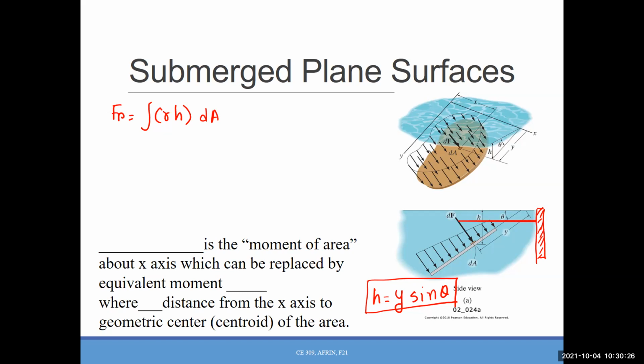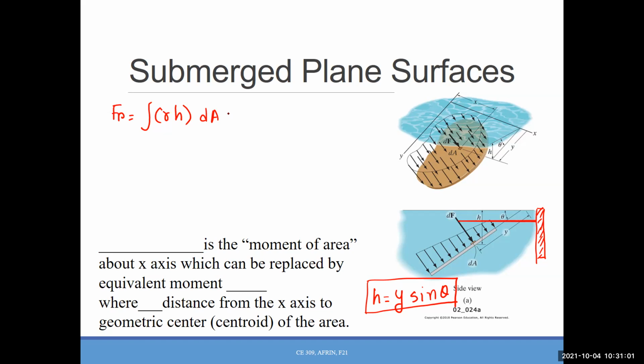And that will tell you that when you have a vertical plate, H equals what? Y, because sine theta equals 1. That means in that case, you will not have two depths, you will have one depth. And that's why we are using this expression, so that you don't have to worry about what the expression is for the vertical one and what the expression is for the inclined one. This is a general expression. As long as you know the magnitude of the angle, you can get the value. Okay.